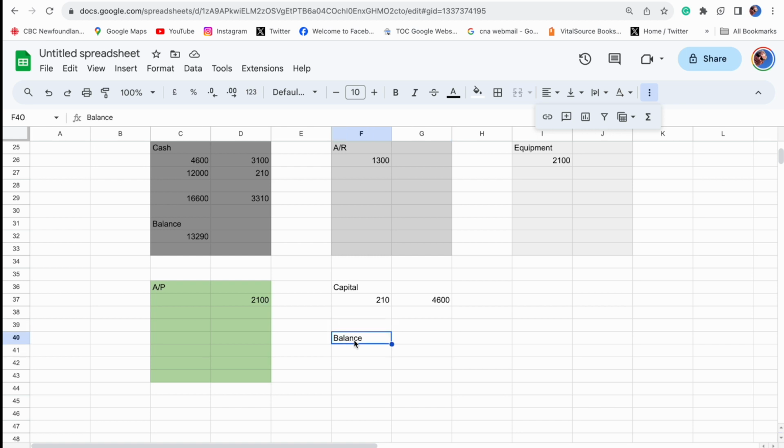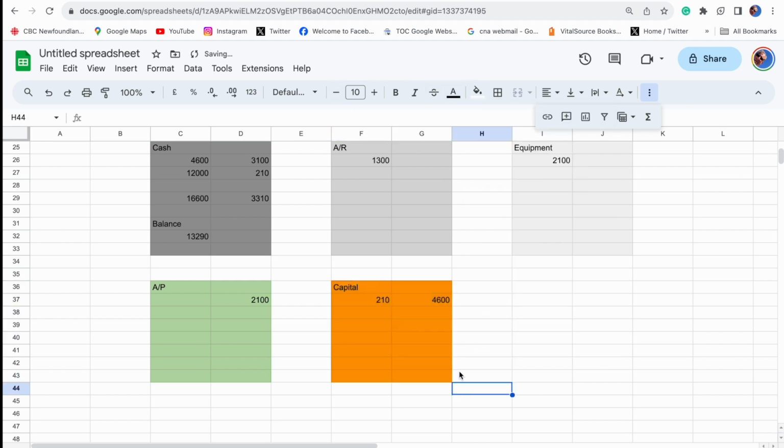Our capital account was affected, and I'm going to say less withdrawals. Effectively the withdrawal was 210. So I'm going to color this first of all. And so what is the balance in that account? 4,600 minus 210 is 4,390. Okay, 4,390. That would be a credit balance in the capital account.